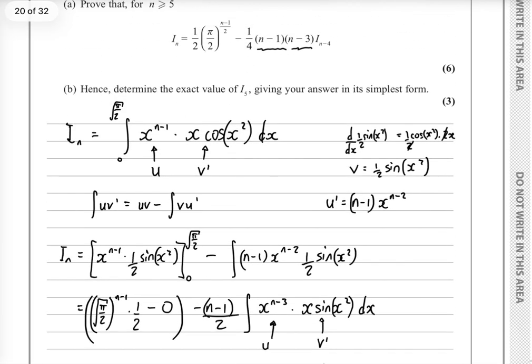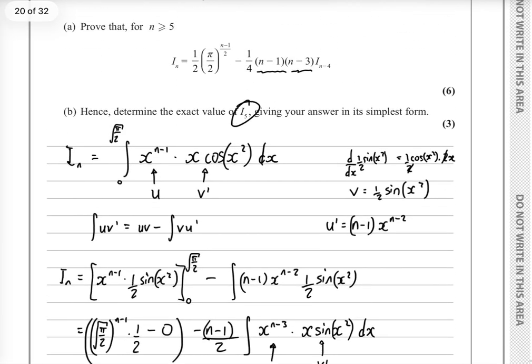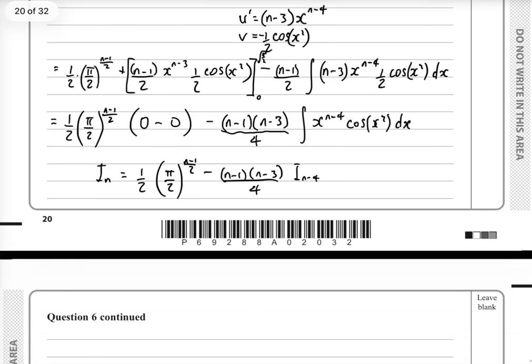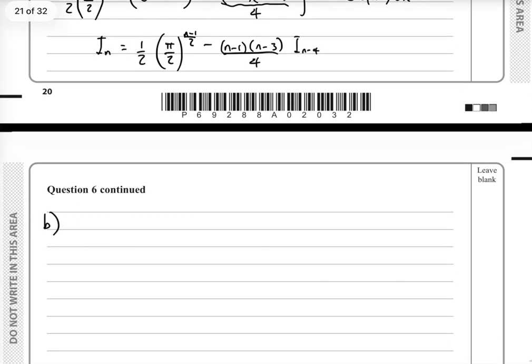Part B is to apply this for I_5, n equals 5, in simplest form. So we've got a half, pi by 2, 5 minus 1 is 4, divided by 2 is 2, minus 5 minus 1, 5 minus 3, I_1.